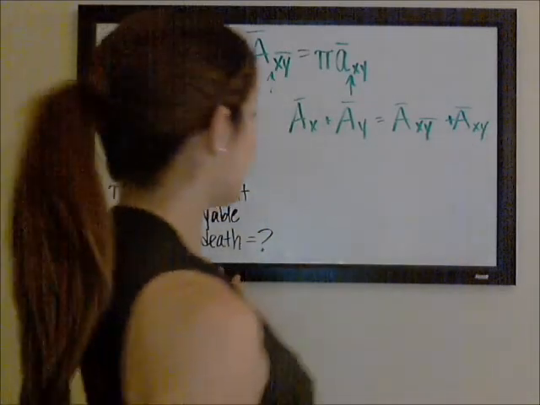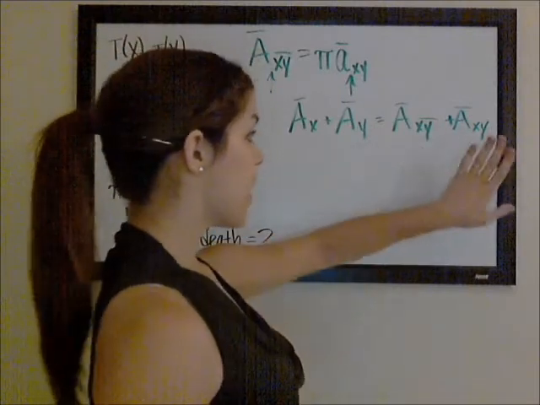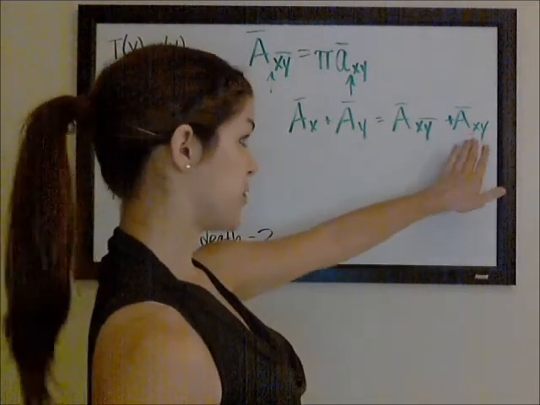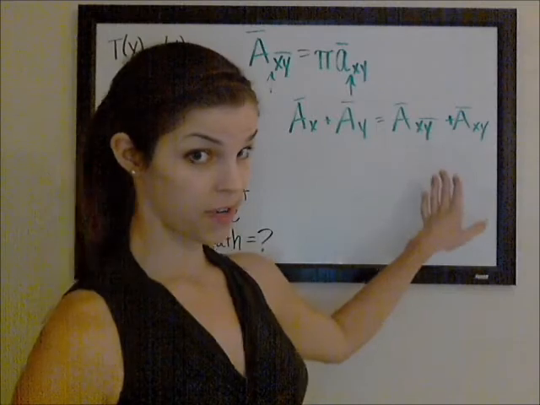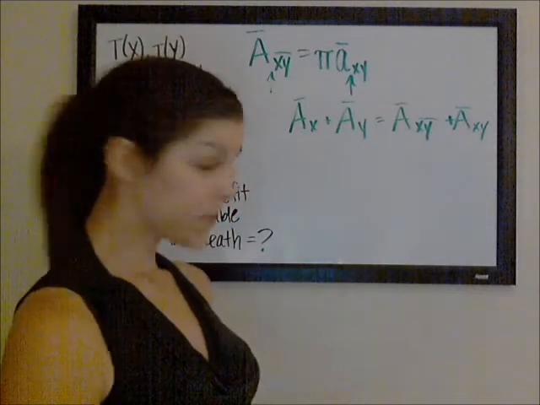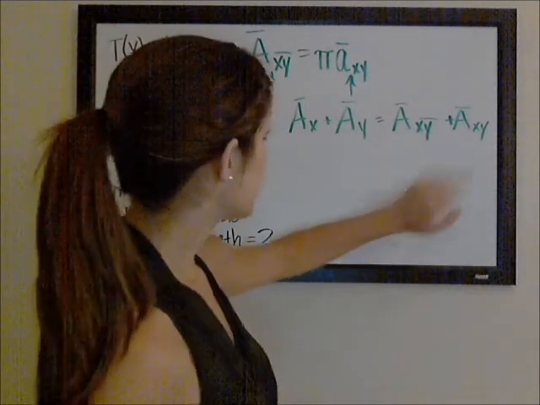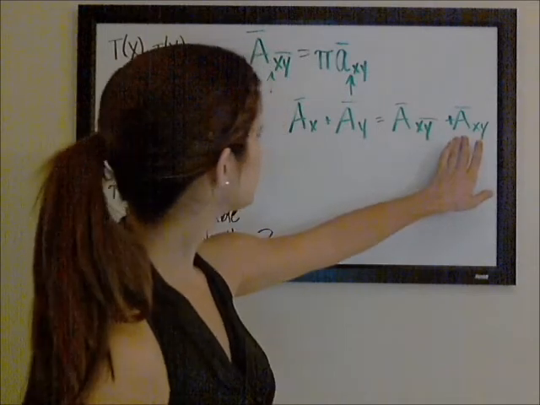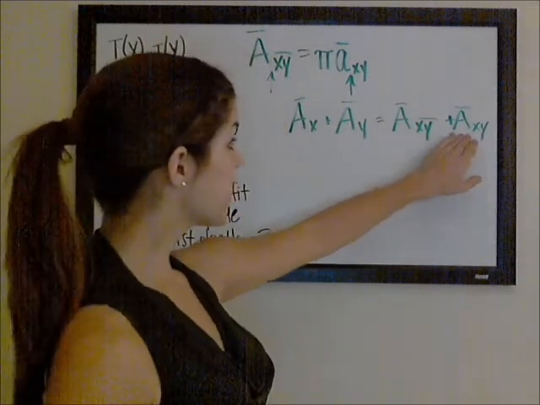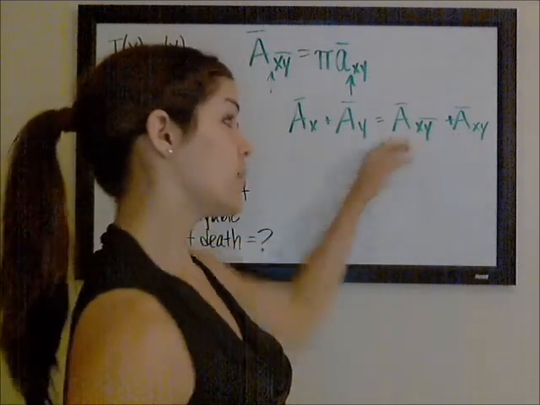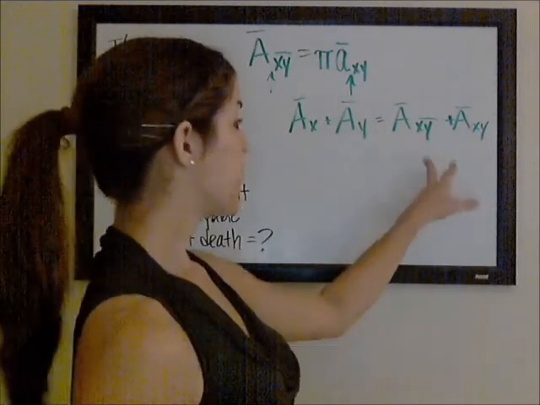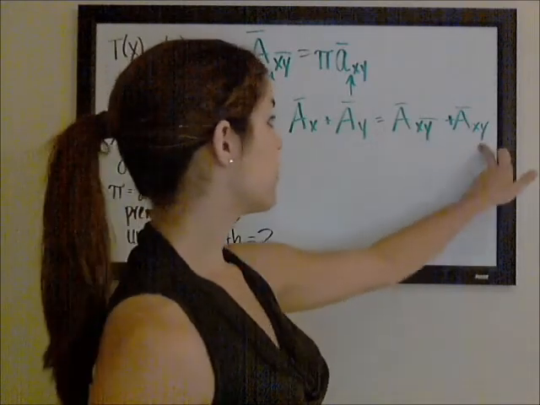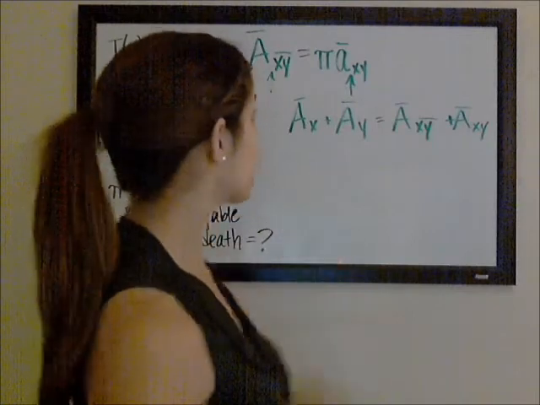That's because if one of these has to be the insurance on X and the other one will be the insurance on Y. Maybe X dies first, and then in that case this one would be the actuarial present value of the insurance on X and this one would be on Y, or maybe it's the other way around, but either way this side will always be AX plus AY.